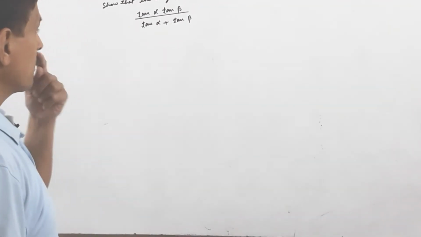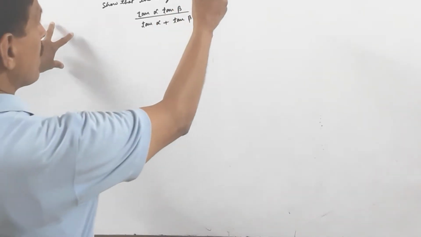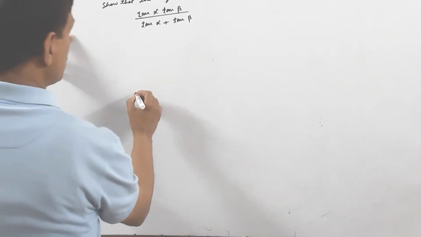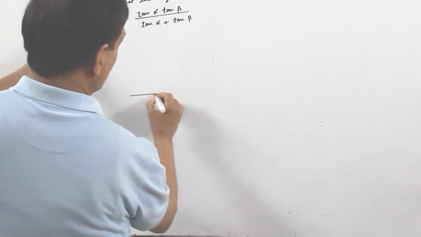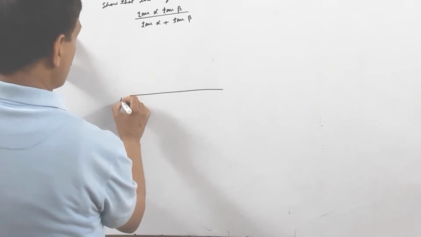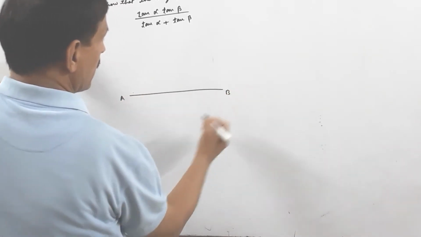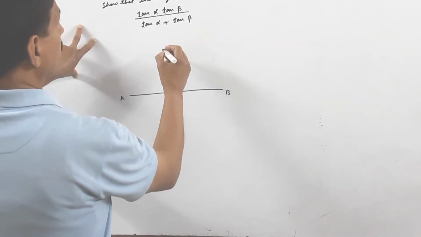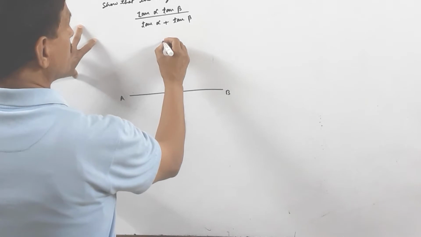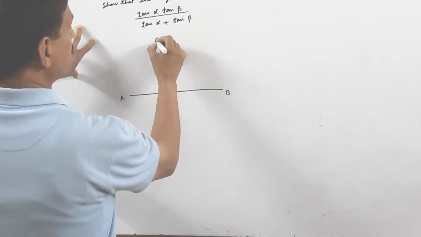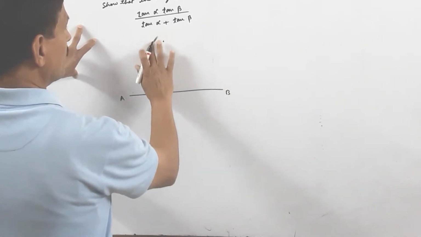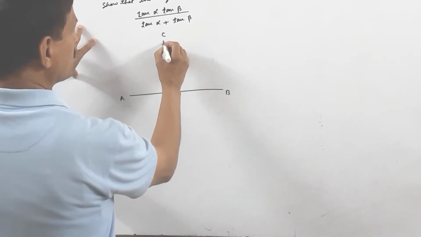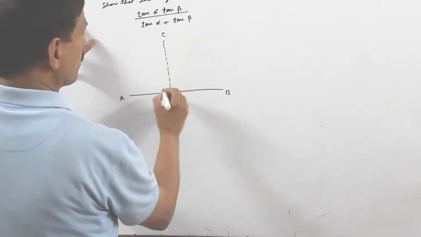We first consider the two milestones on the ground to be, say, at A and B, and the plane is, say, at point C. From this we draw a perpendicular.